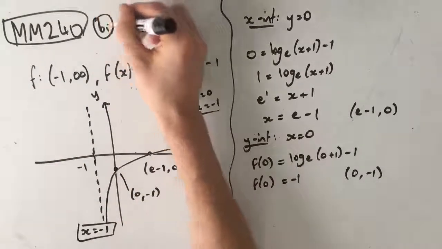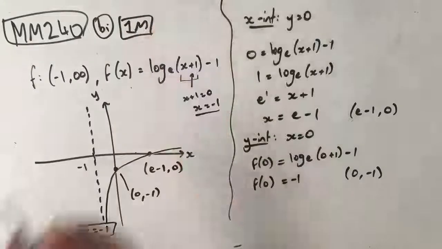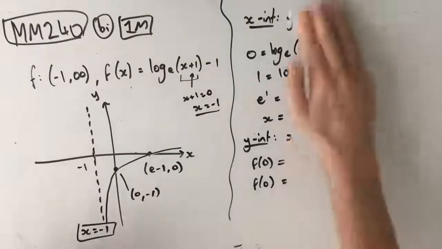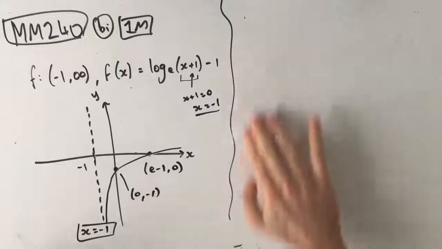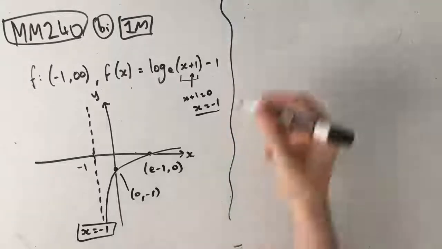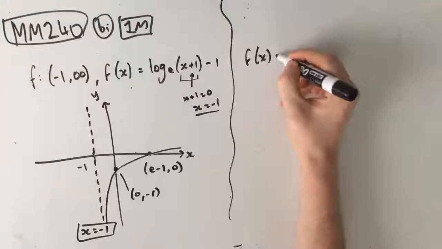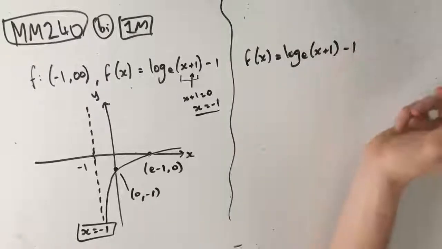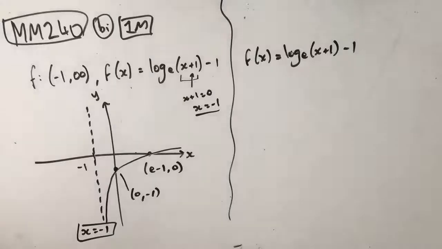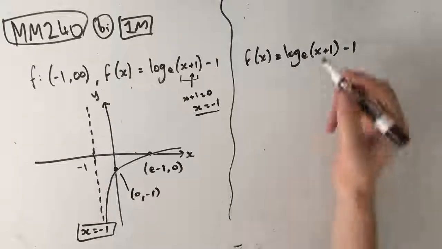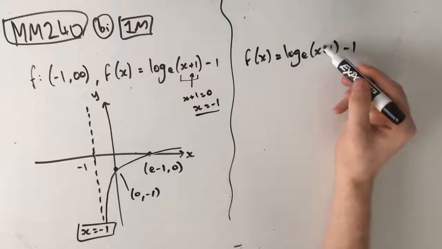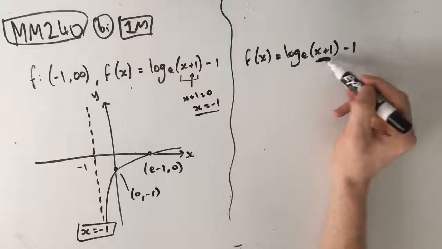It asks us to find the rule for the gradient function f dash of x. Awesome. So I'm just going to rewrite this: we know that f of x is equal to log e of (x plus 1) minus 1. And the gradient of a log is equal to the derivative of the inside over the inside, right?